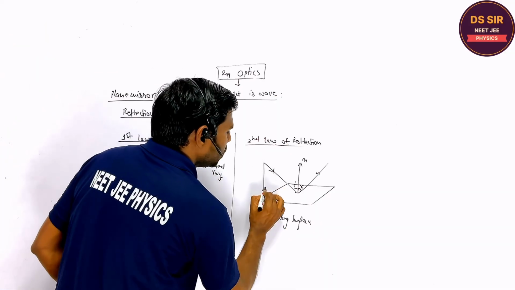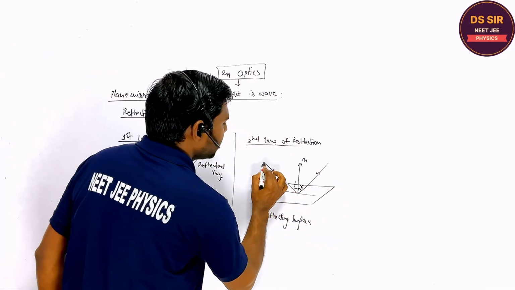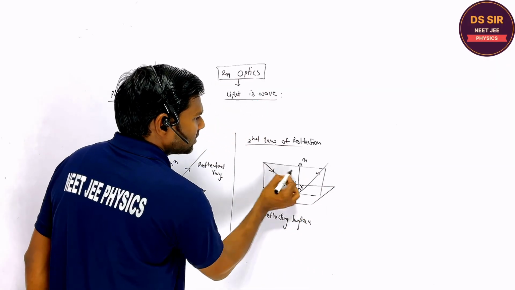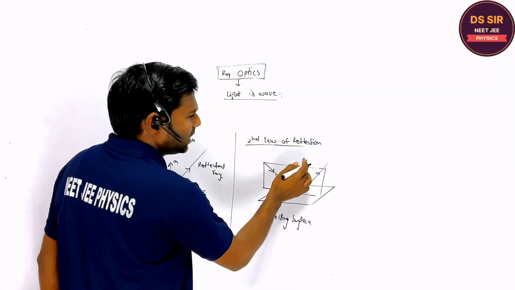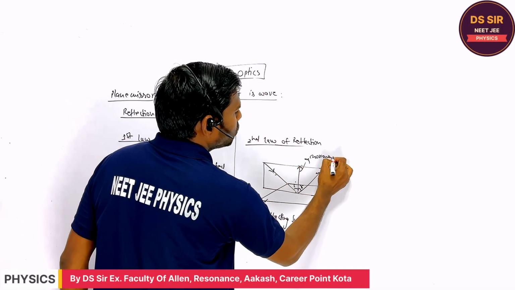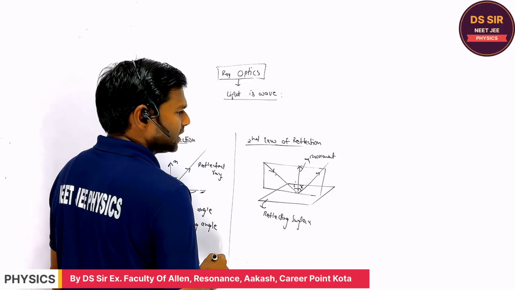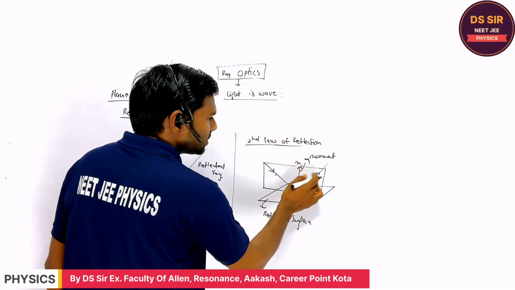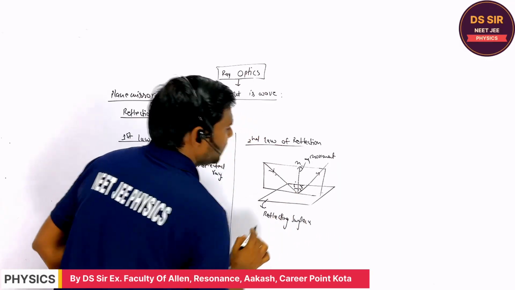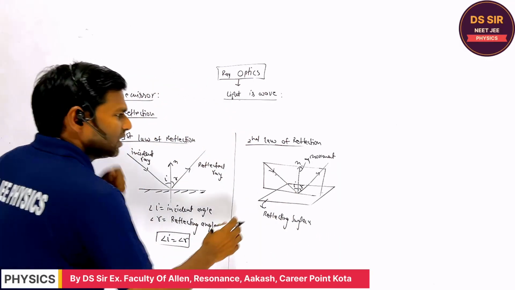So this incident ray, this reflected ray, and the normal to the incident surface, all these are in the same plane. This is the second law of reflection, right?